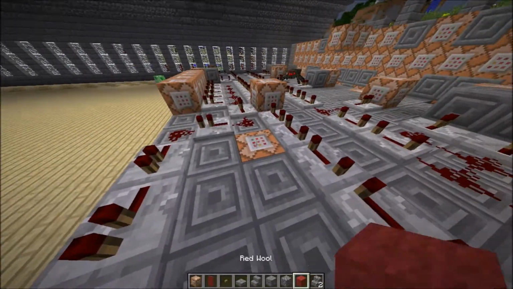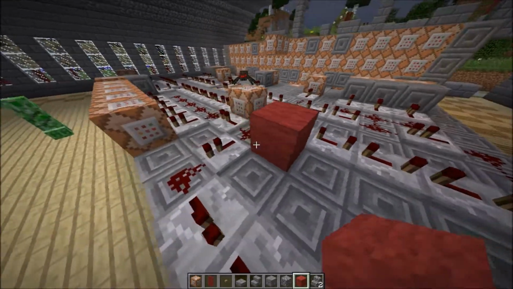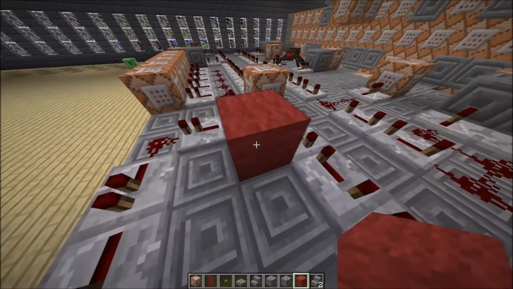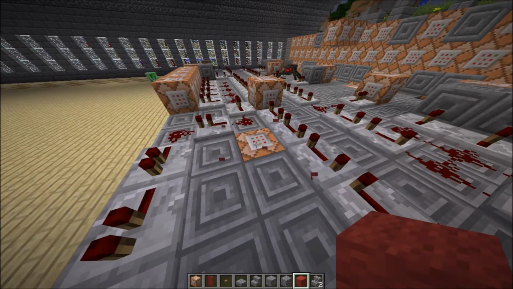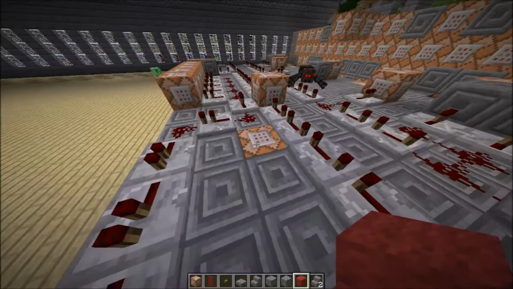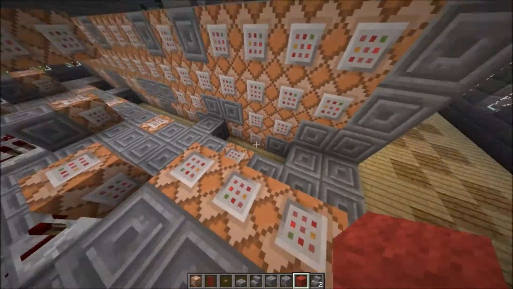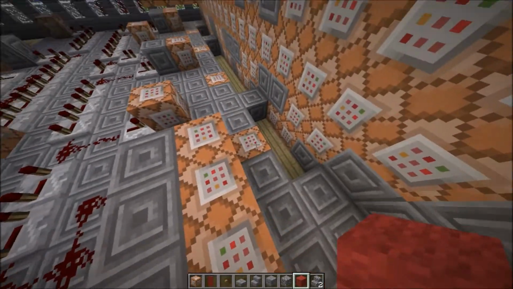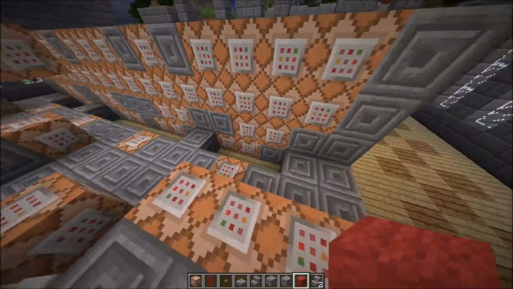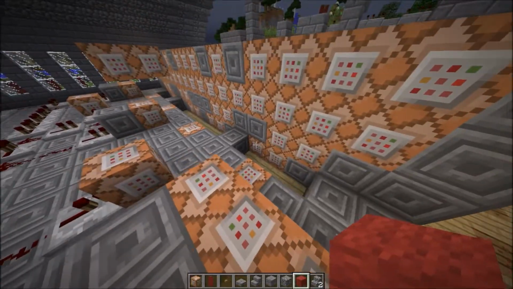They put a redstone block here, which is instantly destroyed or filled with air by this command. This command is also used here, so when this is filled with redstone blocks, it gets reset, so it can be activated again in almost no time.